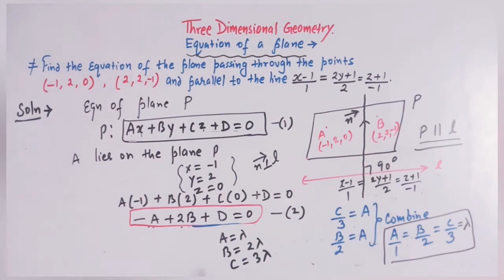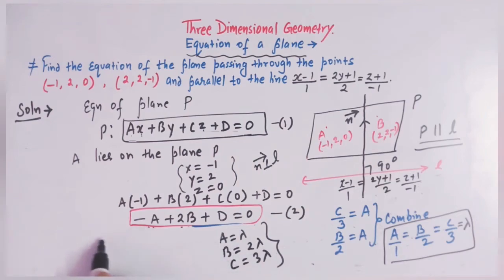So now we have obtained the values of a, b and c in terms of lambda, right? So now what we will do here, see in equation number 2, we have minus a plus 2b plus d is equal to 0. And if we take a is equal to lambda and b is equal to 2 lambda over here, we can obtain the value of d in terms of lambda, right?